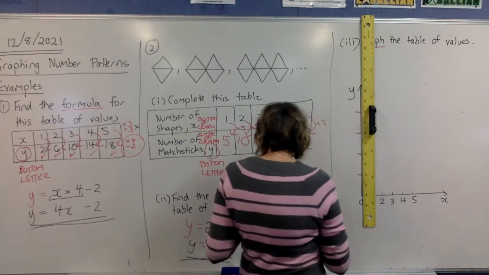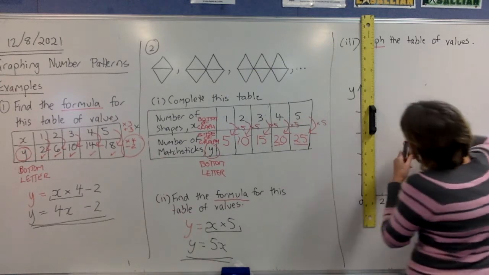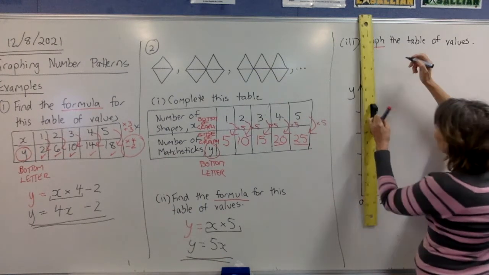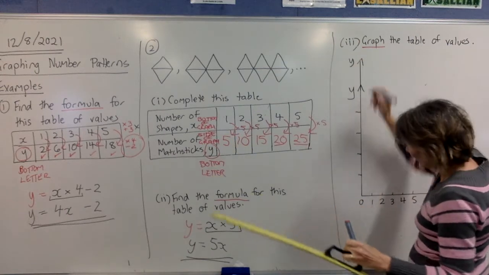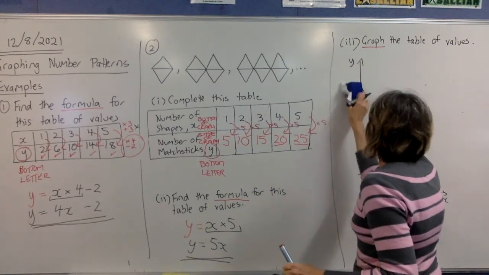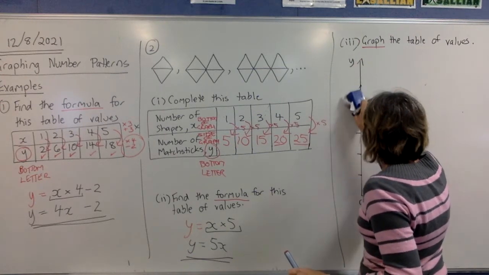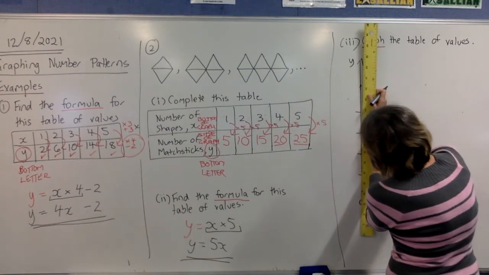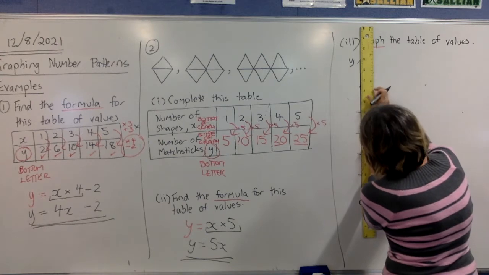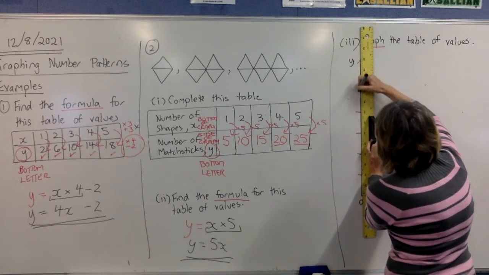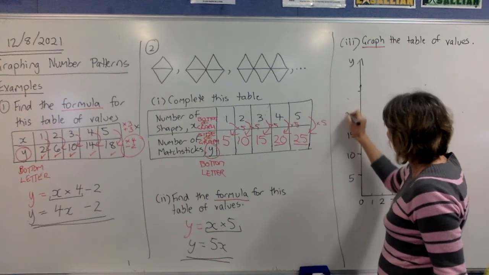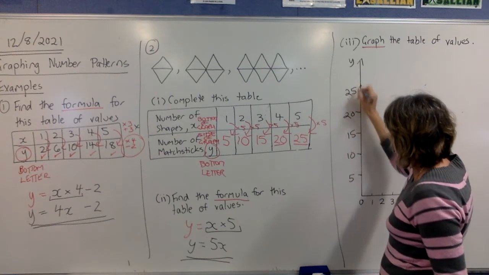I might go up a bit further because I don't have room to do the spacing I wanted. Put the y up a bit further, and make sure I've got these evenly spaced. Okay, so we have 5, 10, 15, 20, 25.